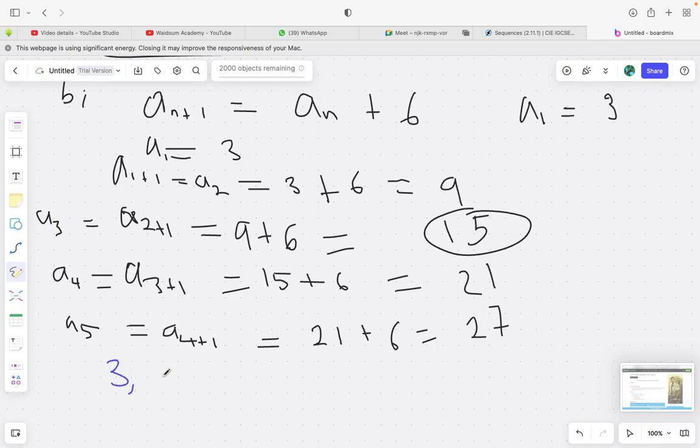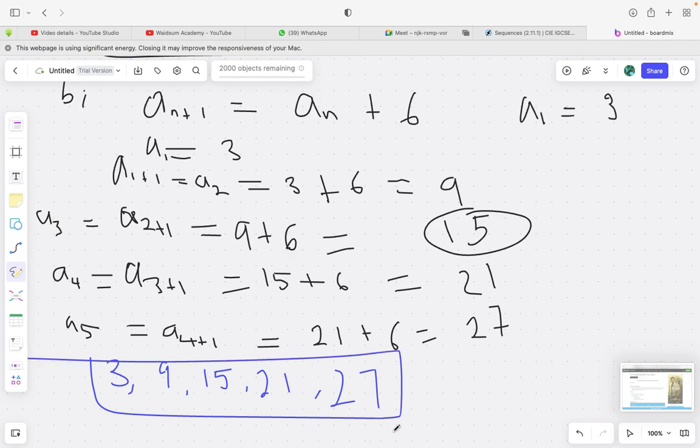Your second term is what? Your third term is 15. Your fourth term is 21. Your fifth term is 27. Okay, so this is what they want us to generate, the first 5 terms. We've done that. I think probably that's just what they want from us.